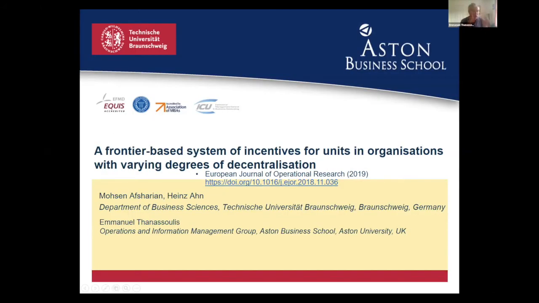And I'm going to pick up from one part of what Srini mentioned and essentially present a research paper which draws on regulation to present a more general approach to incentivizing operating units to improve efficiency in a case where there is an asymmetry of information between the center that controls the units and the operating units.